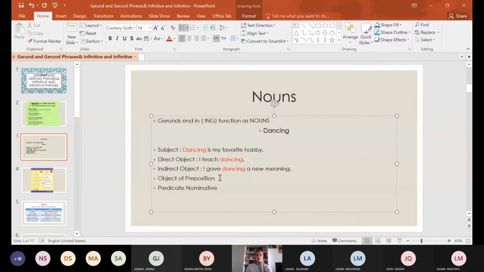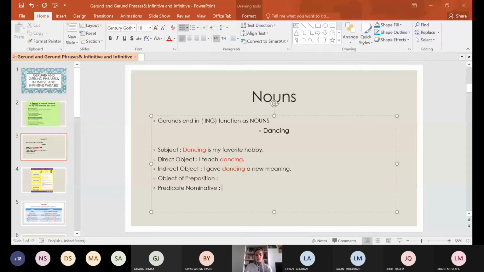To dancing. And then object of preposition, I want it in a prepositional phrase. Let me think of an example. It jumped out of my mind.